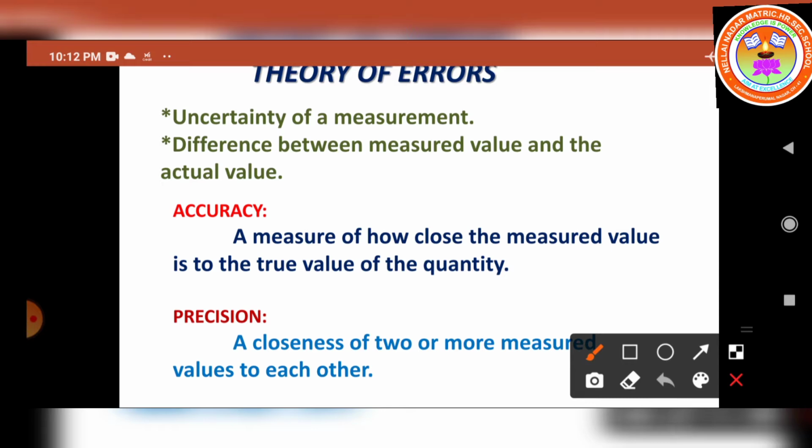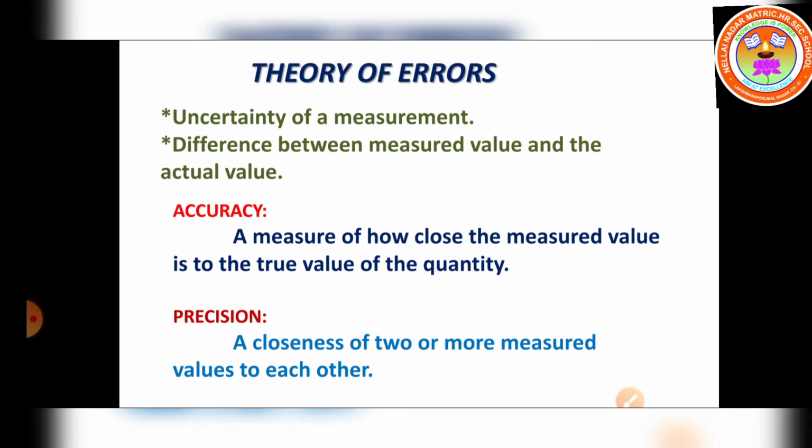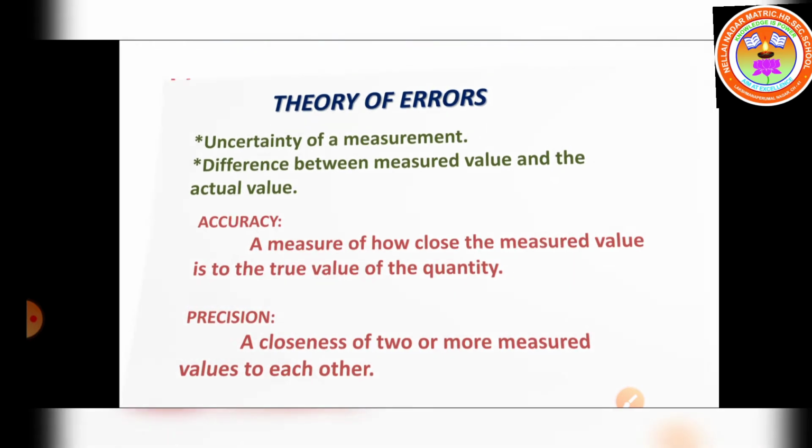How close the measured value is to the true value of the quantity. Then precision: the closeness of two or more measured values to each other. This is called as what? Precision. Now let us see the examples of accuracy and precision.